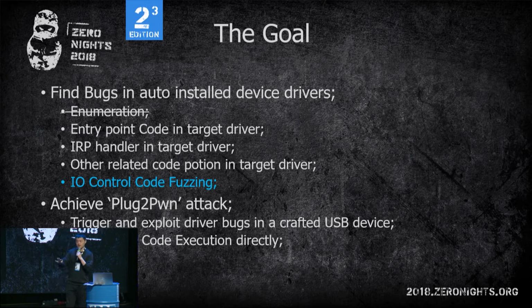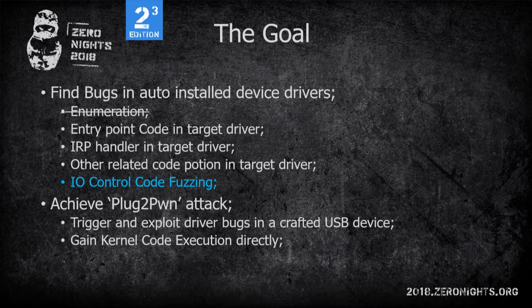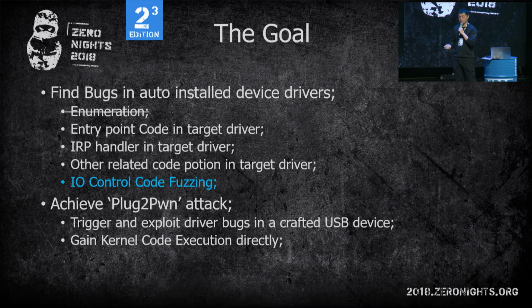We're trying to find the bugs that are automatically triggered when you plug in your USB, and we try to exercise every code execution process to see if there are any bugs. Additionally, we're trying to find IO control code bugs, and we will initiate IO control code fuzzing when the driver is successfully loaded.